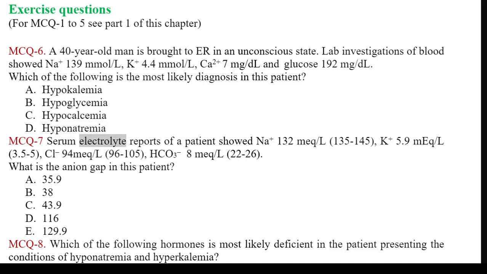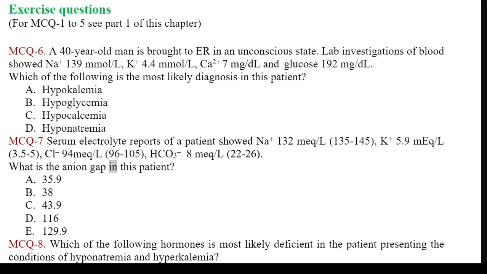MCQ 7. Serum electrolyte reports of a patient showed Na+ 132 milliequivalent/L (135 to 145), K+ 5.9 milliequivalent/L (3.5 to 5), Cl- 94 milliequivalent/L (96 to 105), HCO3- 8 milliequivalent/L (22 to 26).